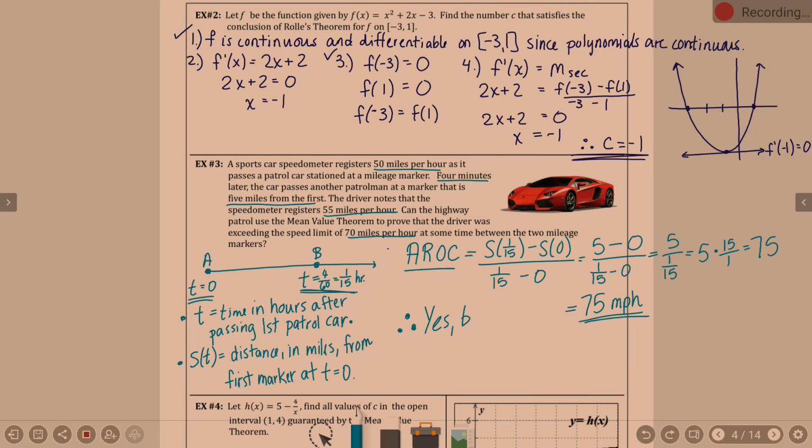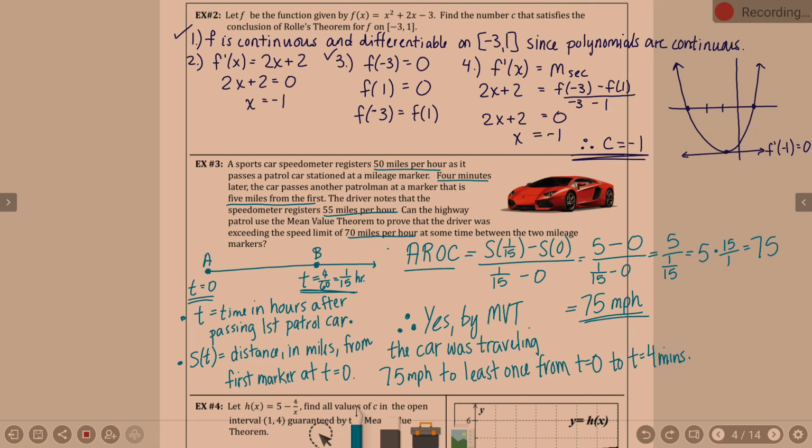So therefore, yes, by, I'm going to abbreviate MVT, the car was traveling at 75 miles per hour at least once between 0 and 4 minutes. Okay, so that is an application of the mean value theorem.